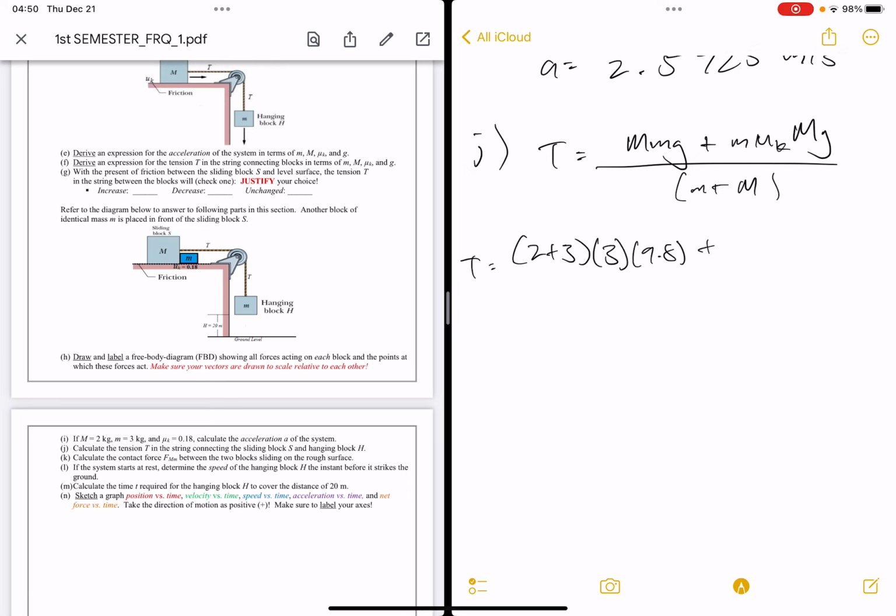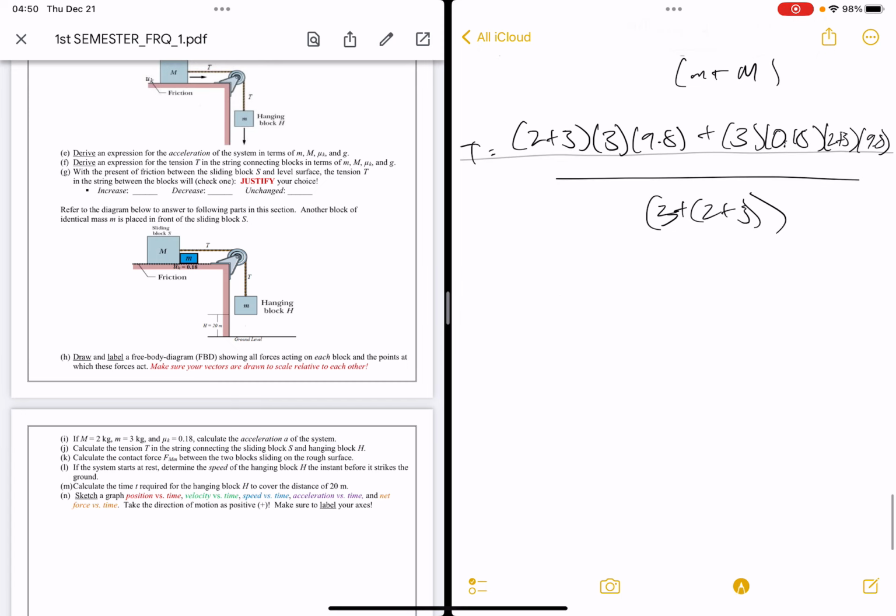Gravity, 9.8, plus 3, 0.18, 2 plus 3, and then 9.8, all over 3 plus 2 plus 3, and that will get us a total tension of, oops, I read that wrong, 21.6825 newtons.